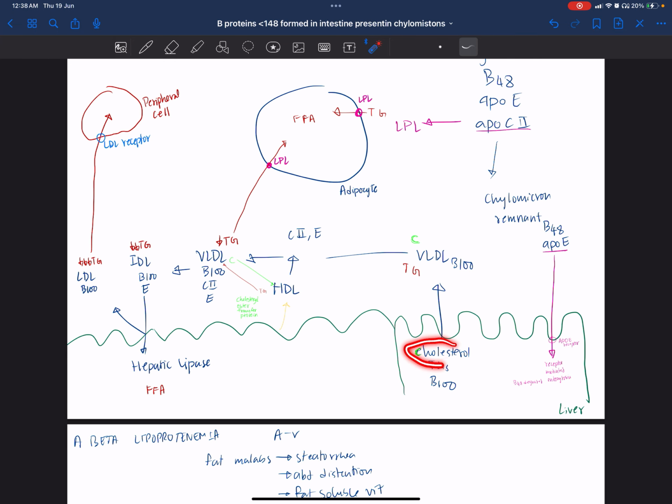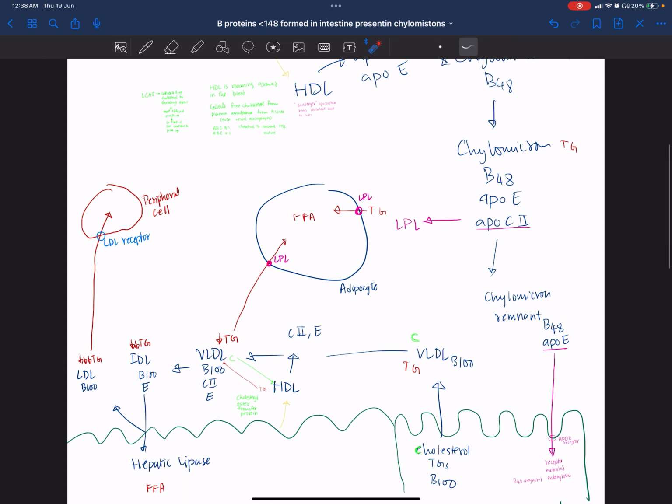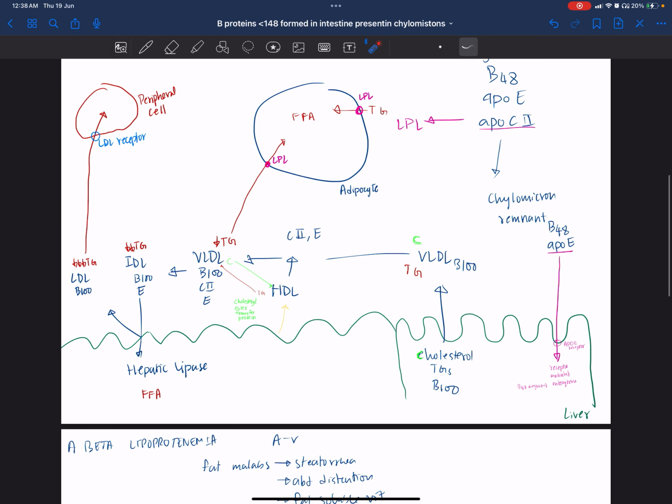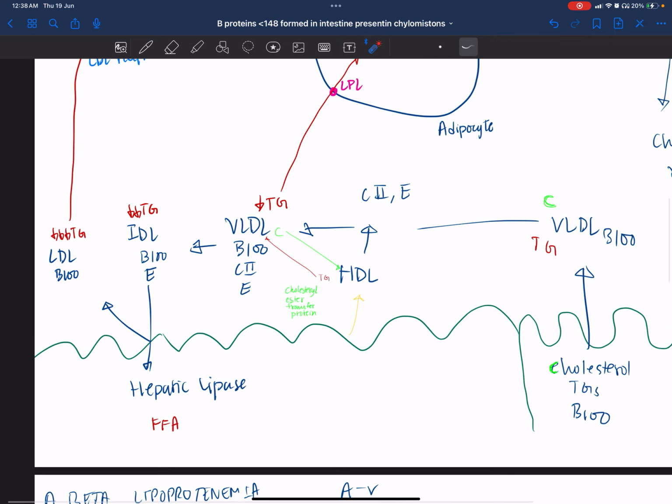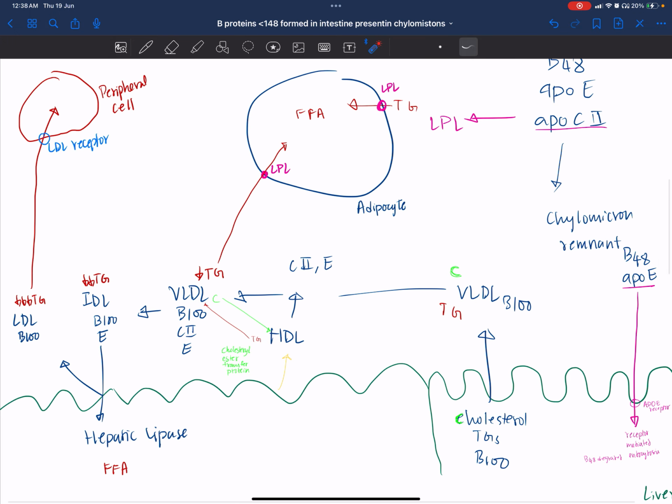So the newly synthesized cholesterol, the triglycerides, and B100, as I said, B100 formed in the liver, all of these are secreted as VLDL. The VLDL has cholesterol and triglycerides. Now, here I wanted to focus a little. The VLDL has triglycerides.